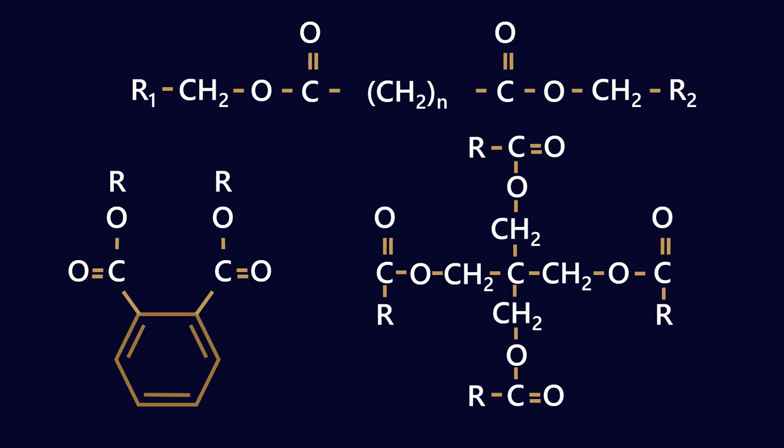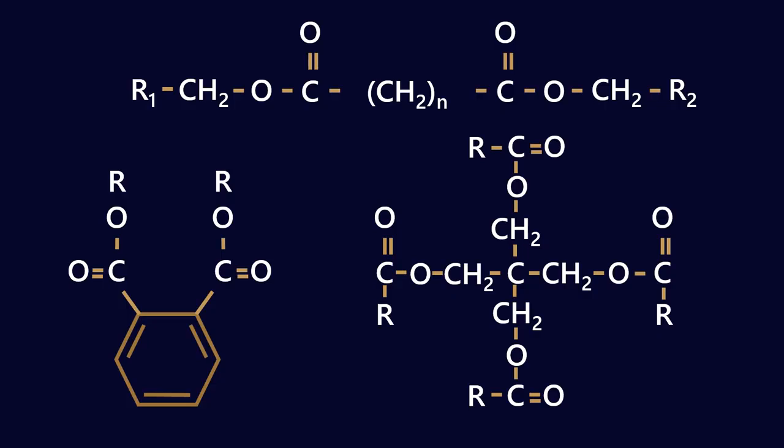Or, as we have alluded to in the past, polyol esters, where you have a central carbon and it is surrounded by ester functional groups. So, even just in these 3 very common lubricant ester examples, we can see that you can arrange esters in many, many different ways.